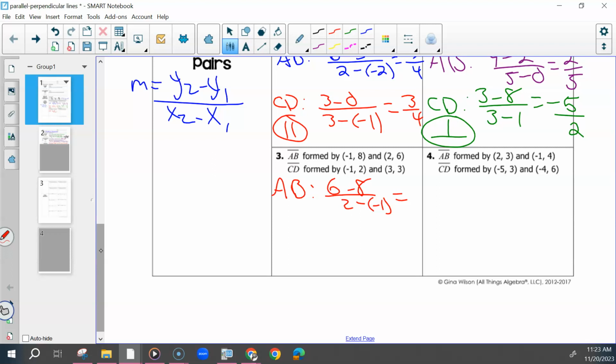Negative 2/3. And then slope of CD, 3 minus 2 over 3 minus a negative 1. 1/4. So these are not parallel, they're not perpendicular, these would be neither, neither. You have to write out that word.